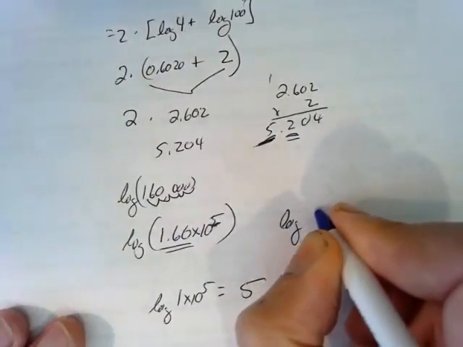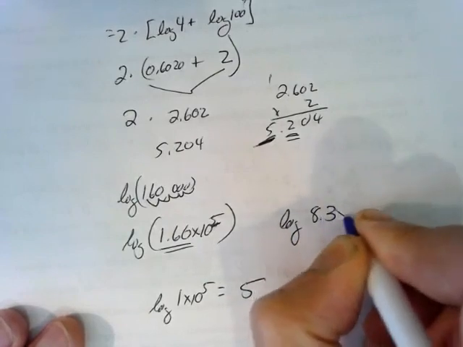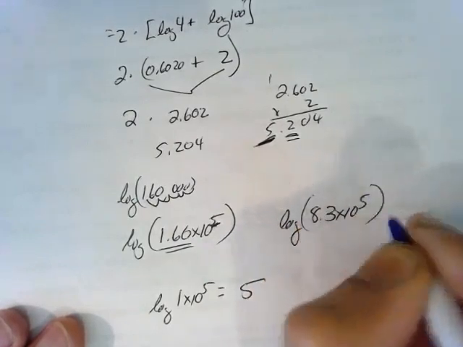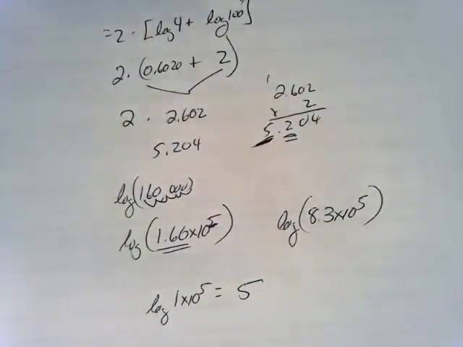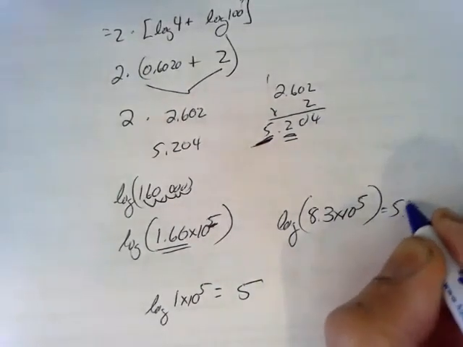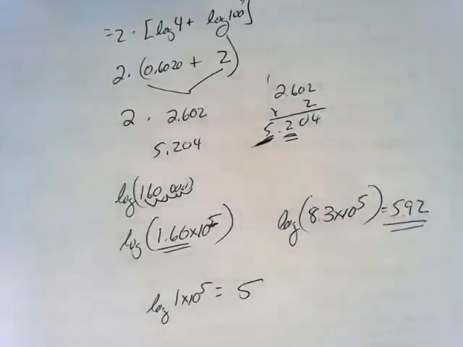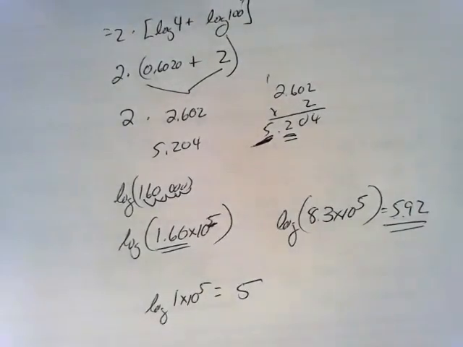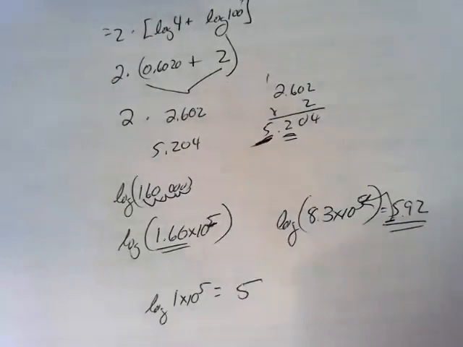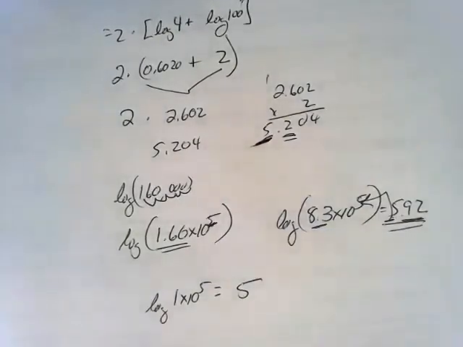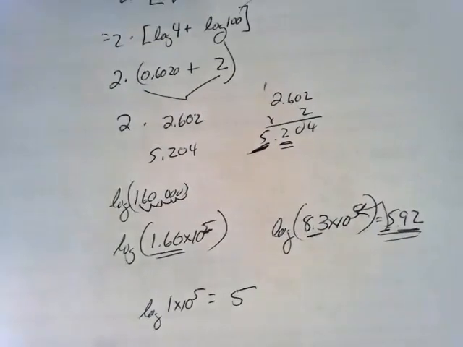I challenge you to take something like the log of 8.3 times 10 to the 5th. What do you get? Take out your calculator. I get this is equal to 5.92. So notice here again, magnitude of 5, that 5 is coming from that 10 to the 5th, and then the 0.92 is coming from the 8.3.